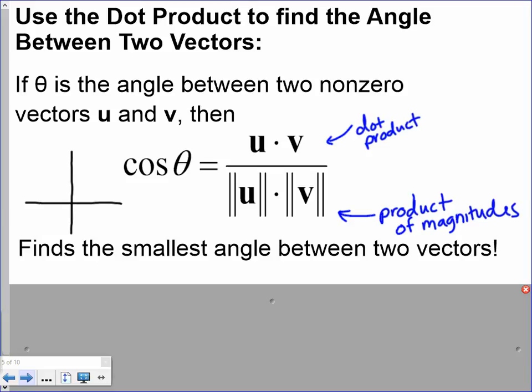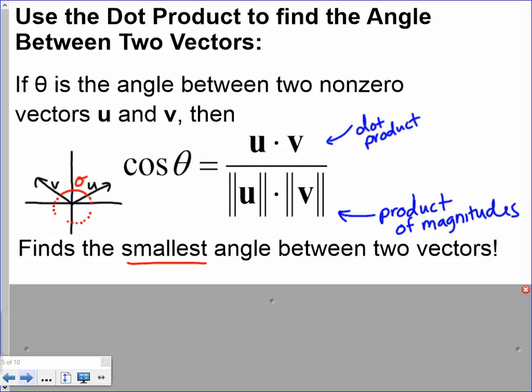Suppose I have a coordinate plane and I have two vectors, u and v, and I want to find the angle between the two vectors. This formula, when I solve for theta, is going to get me the smallest angle between those two vectors, as opposed to this larger angle or one of the coterminal angles if I were to do a full rotation and then go to another vector.